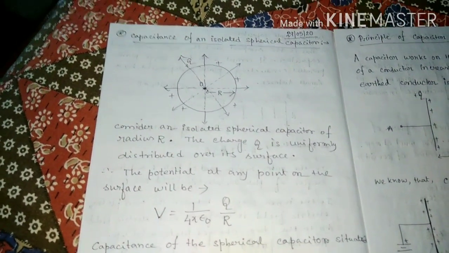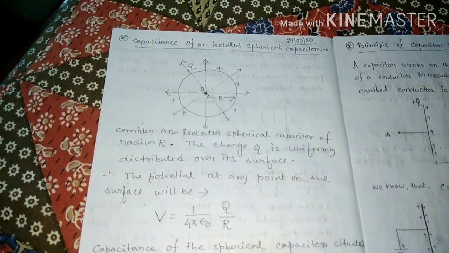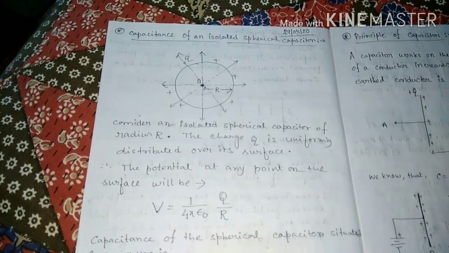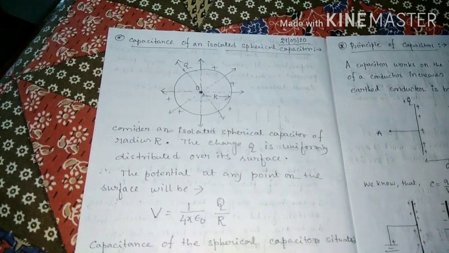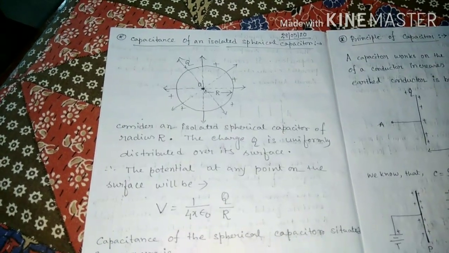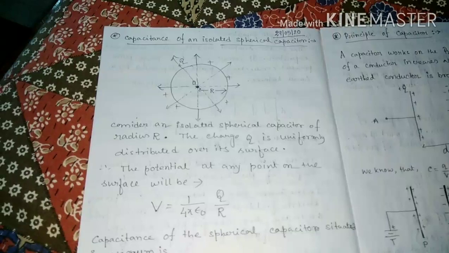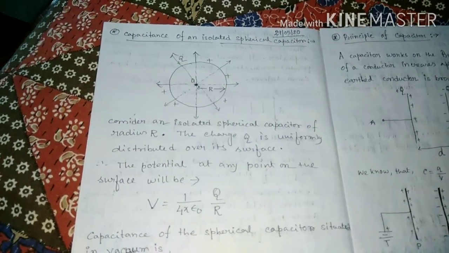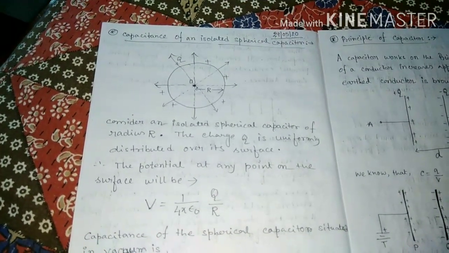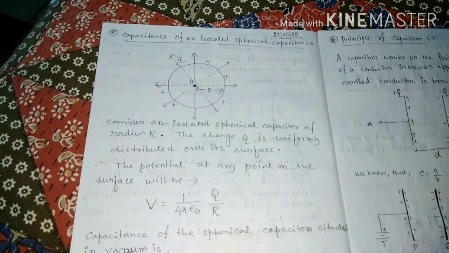Here we consider one spherical capacitor, and we know from the first chapter, from electric potential, that for a spherical conductor all charges are uniformly distributed over the outer surface of that conductor.